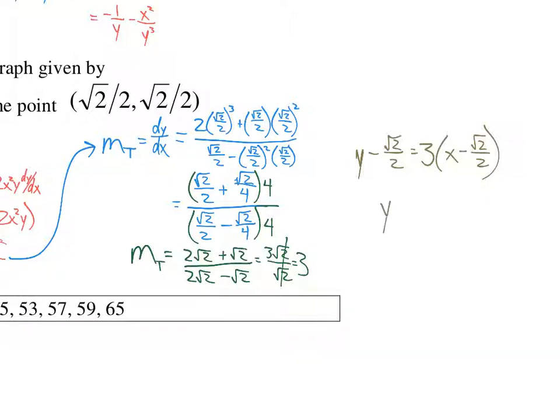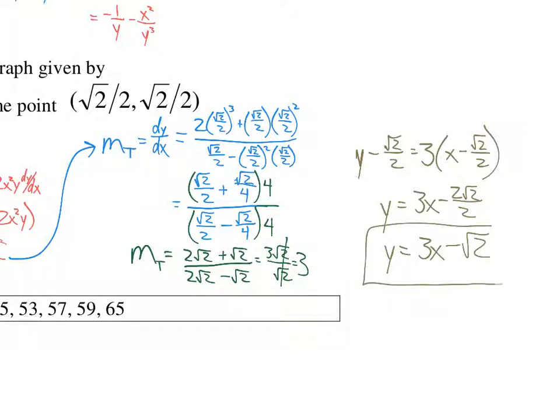And I can get it into slope-intercept form. That's going to be 3x minus 3 root 2 over 2 plus root 2 over 2. So that's going to be minus 2 root 2 over 2. Or y equals 3x minus root 2. And there is the equation of our tangent line.